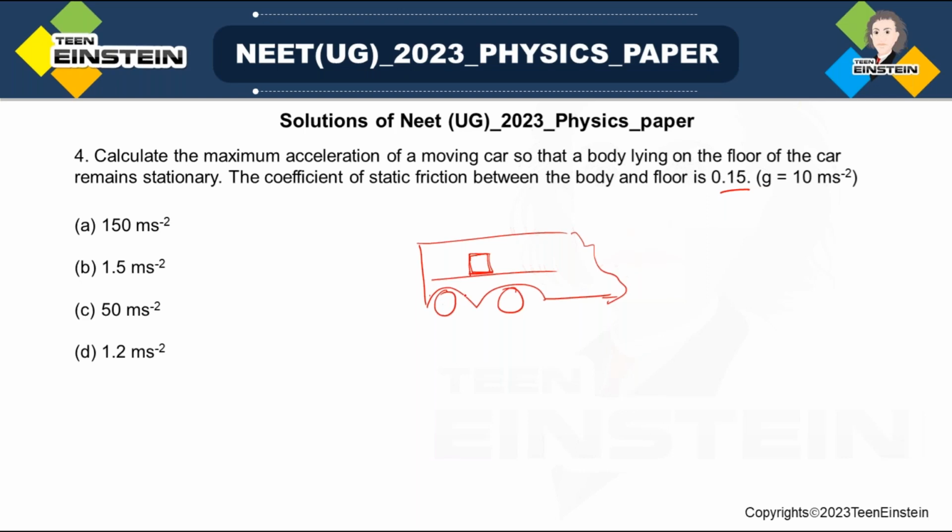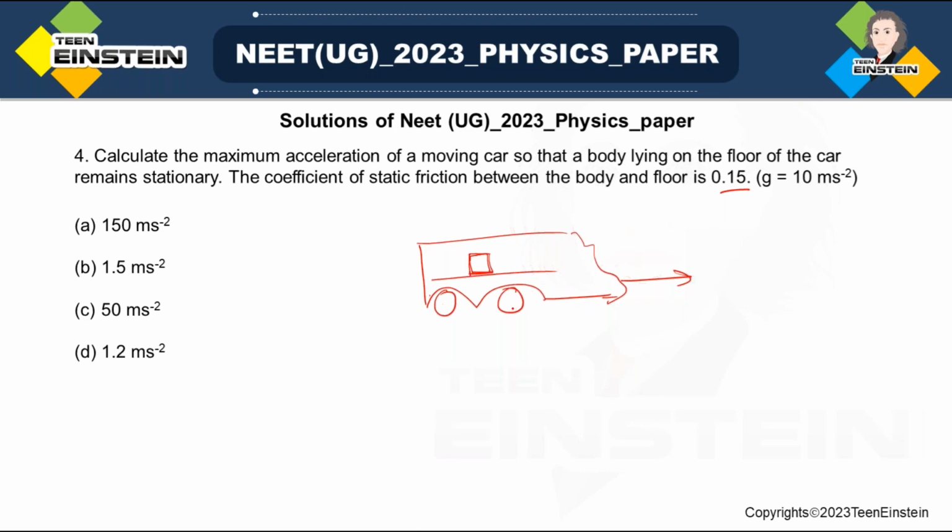So this car is actually moving forward with certain speed. The question is that the car is accelerating, but what will be the maximum acceleration such that the block doesn't slide over the floor, it remains stationary.